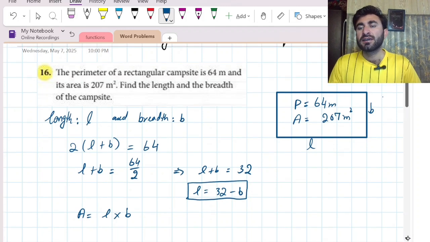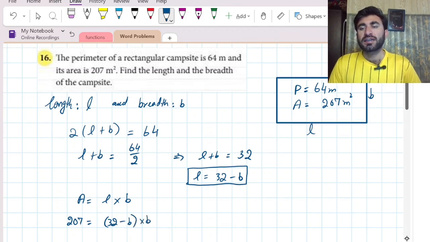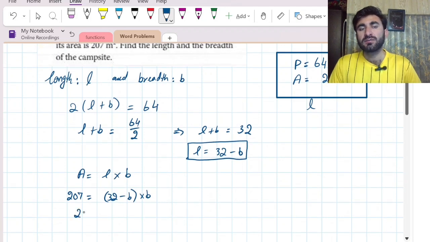So I can replace length with the expression I found in the first part, and area will be replaced with 207. So it will be 32 minus B times B, and expanding the right hand side, it will become 207 equals 32B minus B square.